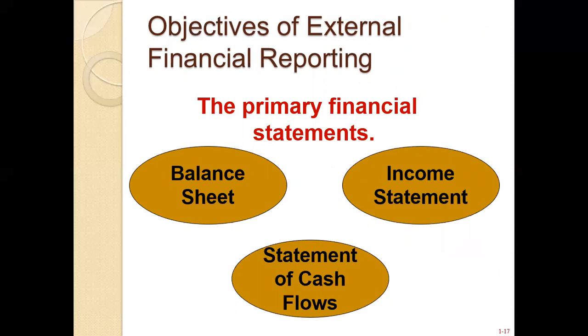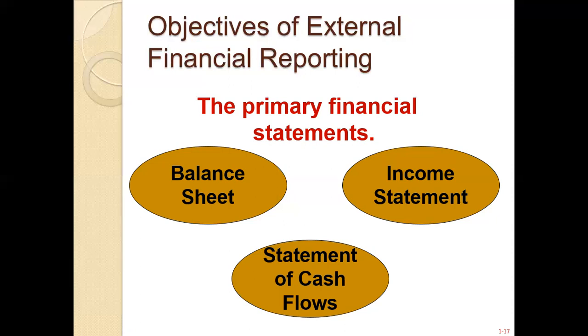The financial position of a business is shown in the balance sheet. If you want to see the cash flow result, then you need to make the statement of cash flow. These are the normal objectives of external financial reporting. Next we will discuss the internal and external users of these reports.